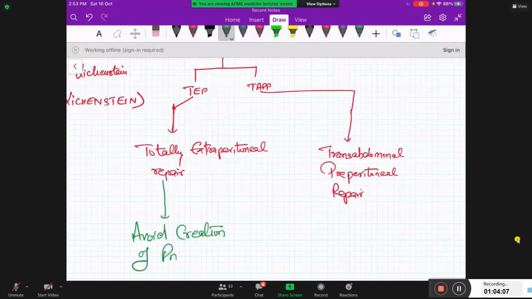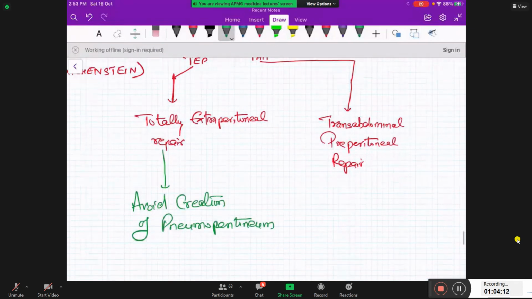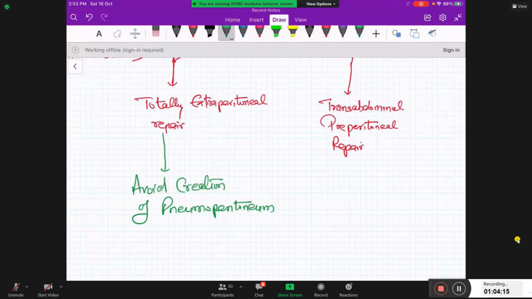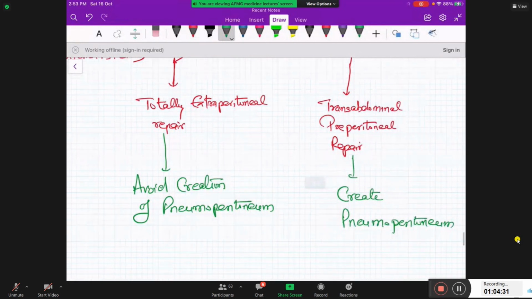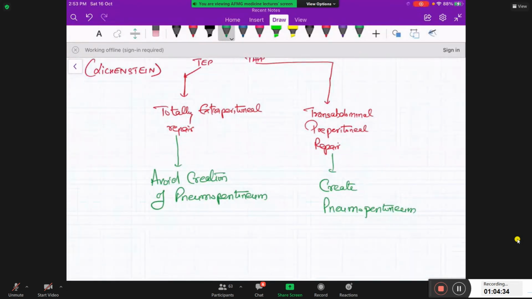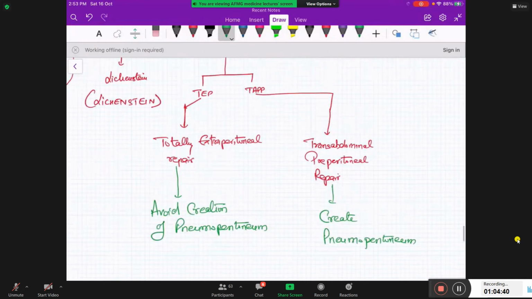In TEP repair, we avoid creation of pneumoperitoneum, while in TAP repair, we create pneumoperitoneum to do this surgery. You just need to know this. Of the two repairs, more commonly done now is TEP.